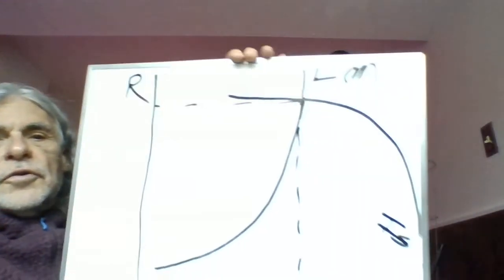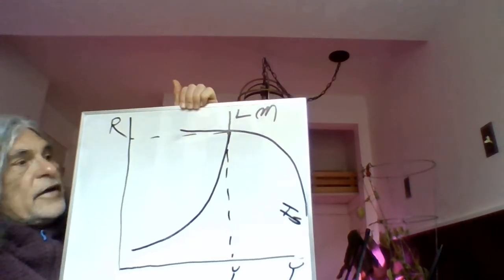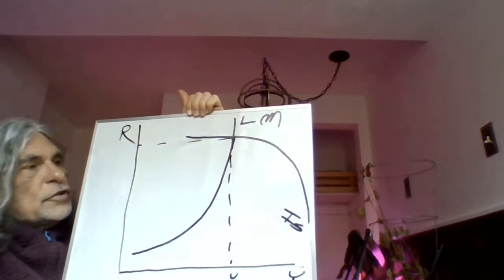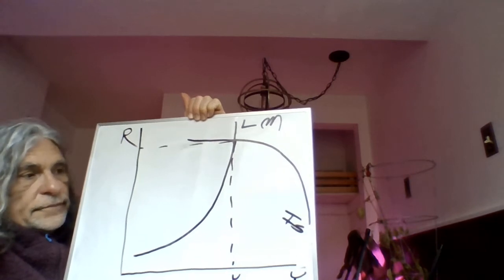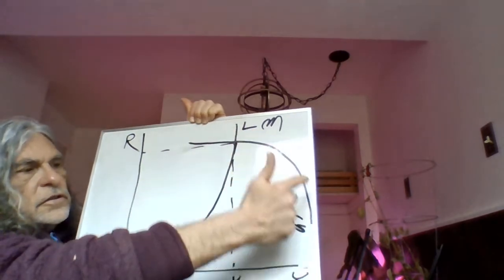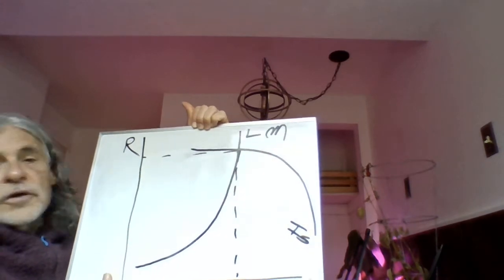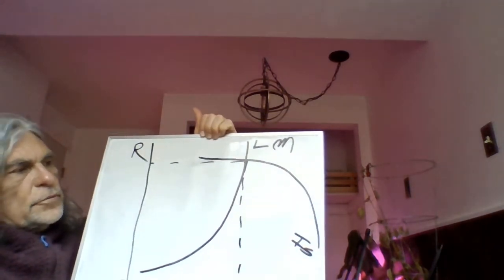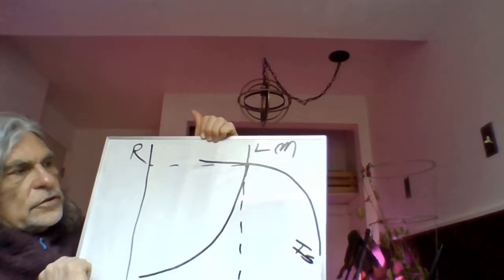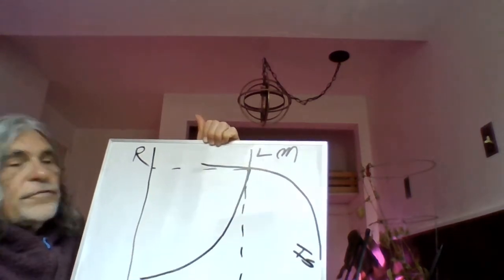I drew this for you in the video lecture for March the 22nd, but I drew it a little bit differently. You've got different ranges of the IS curve and different ranges of the LM curve. From the Keynesian perspective, you could be in a situation where the IS curve is fairly flat and the LM curve is fairly steep.